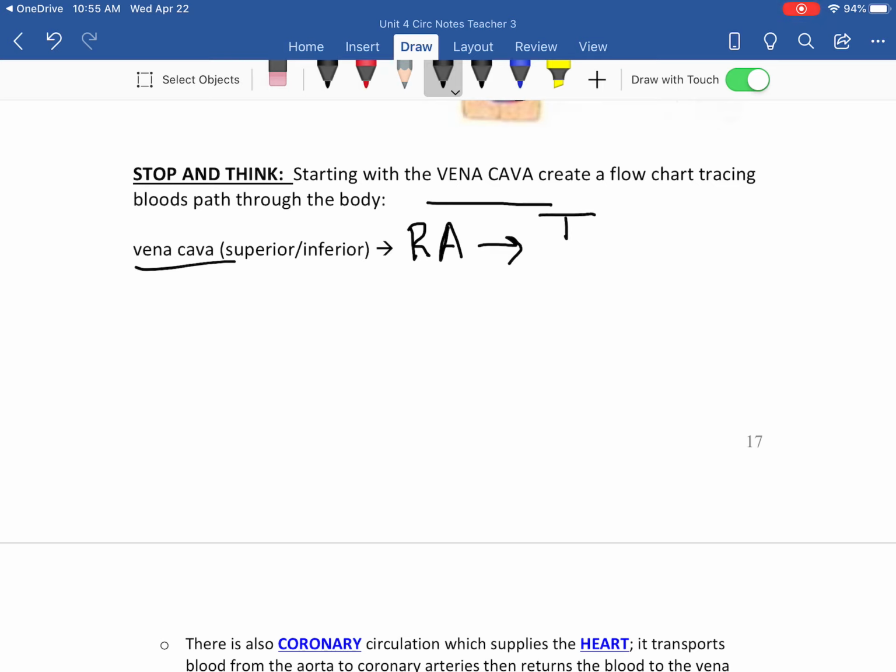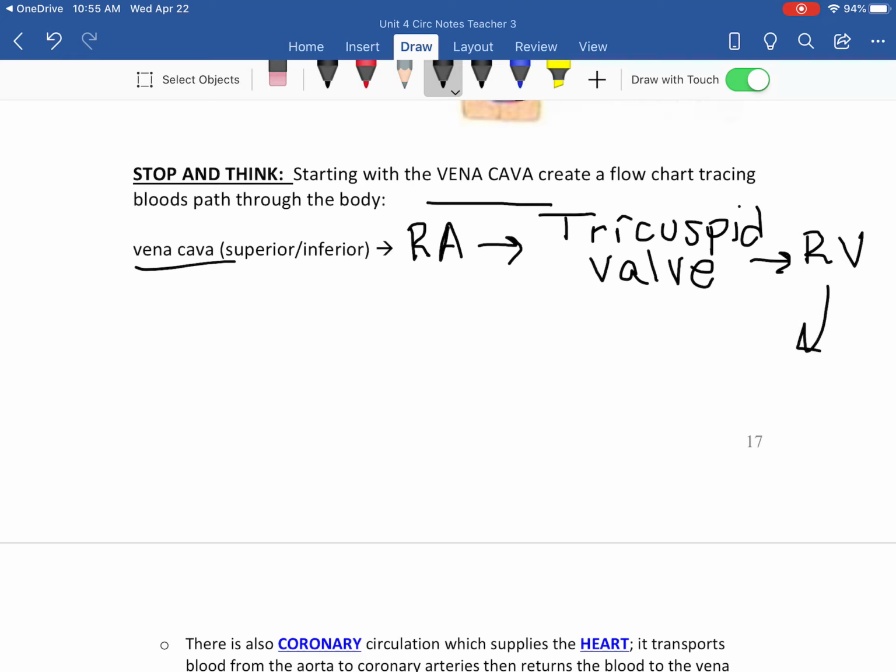Then it goes across the tricuspid valve into the right ventricle, where it then goes across the pulmonary valve and then into the pulmonary artery.